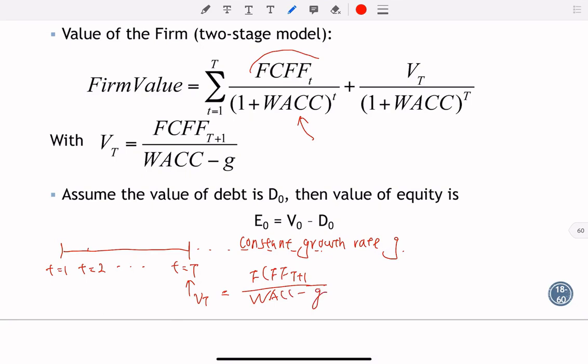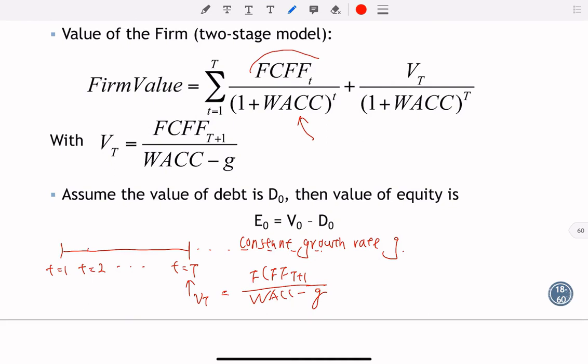You can see that this looks very similar to the dividend discount model, right? Remember, in the dividend discount model, for the numerator you would actually use D_{T+1}, that is the dividend payout in period T+1. And then in the denominator, you would use k, which is the market capitalization rate or the cost of equity.